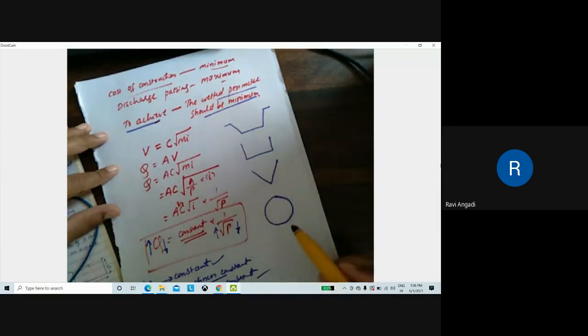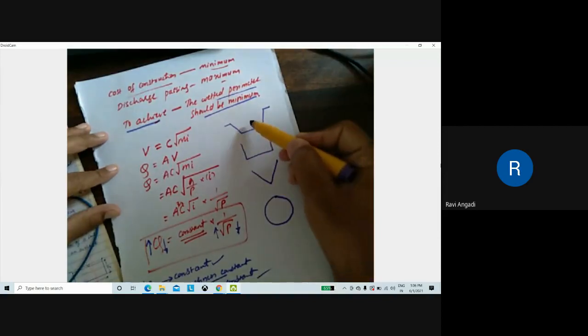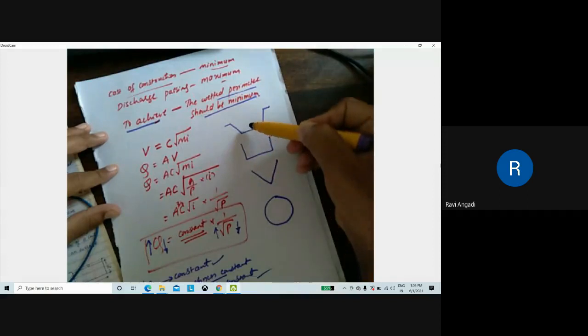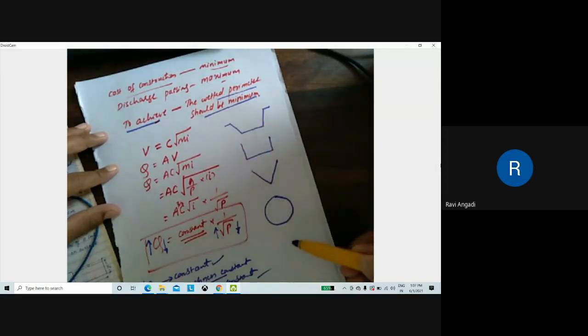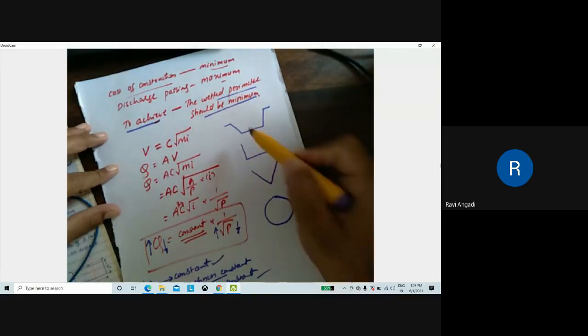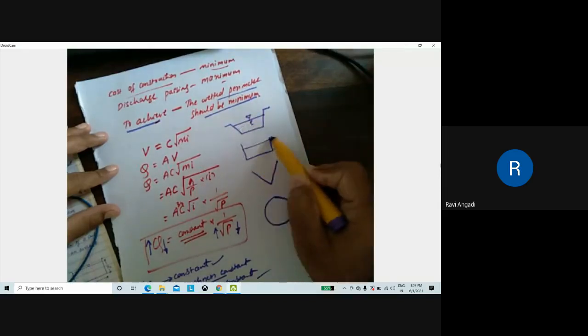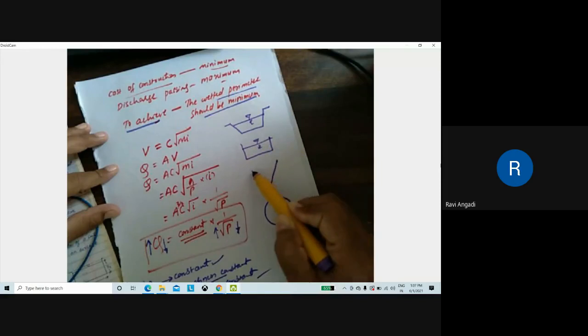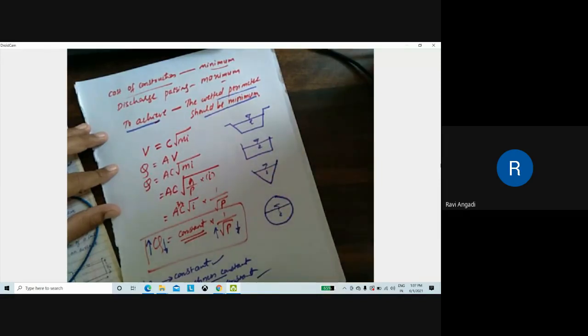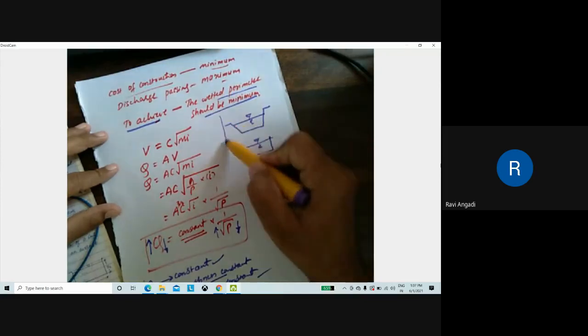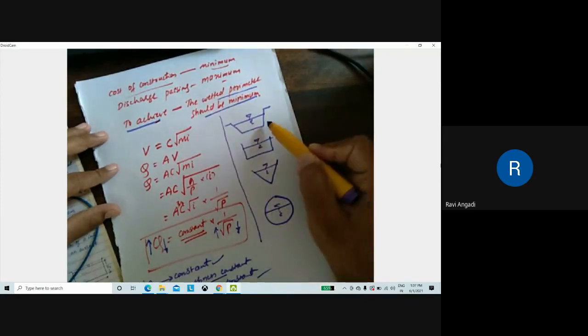These are the channel sections frequently used. Now for each one, what are the conditions to get the maximum discharge in this channel?